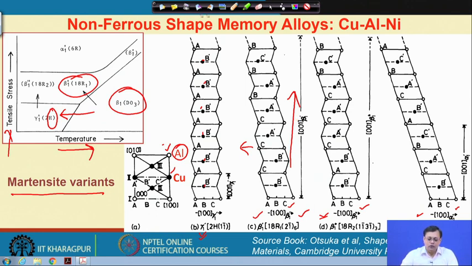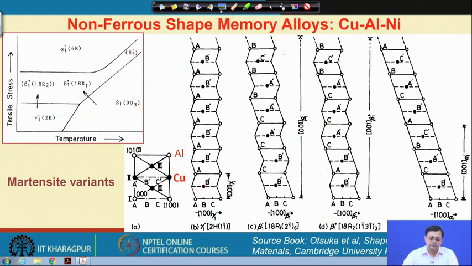All these structures are very important in order to accommodate strain, because once we deform along this direction, the strain can be accommodated by introducing the growth of one type of twin and fault in the structure. So, this is, let us say, the stress direction or shear stress direction along one of the directions.